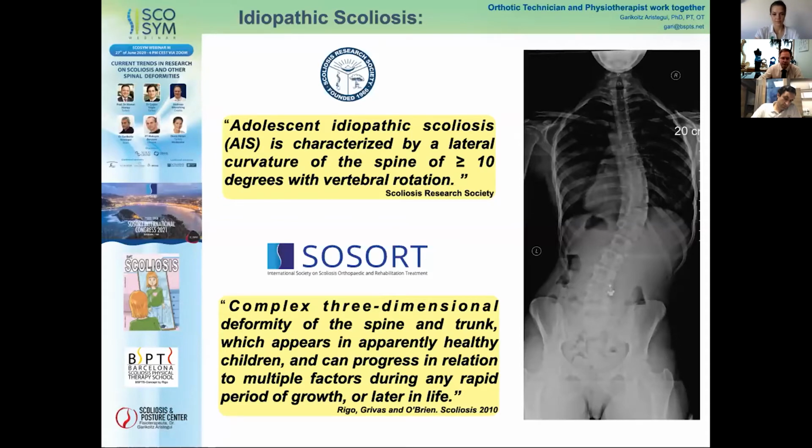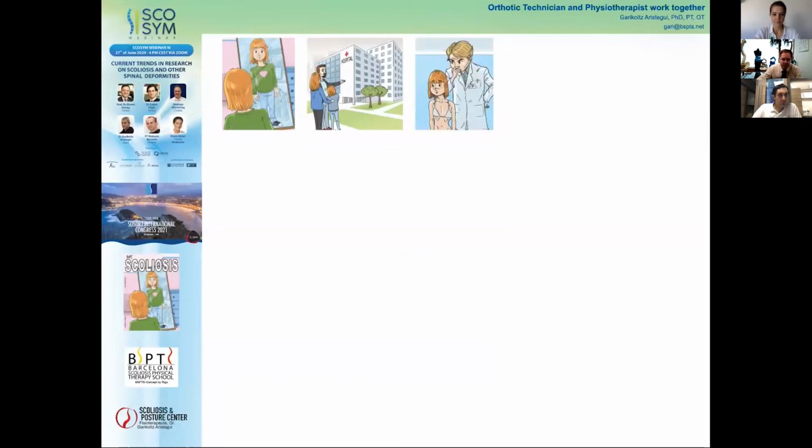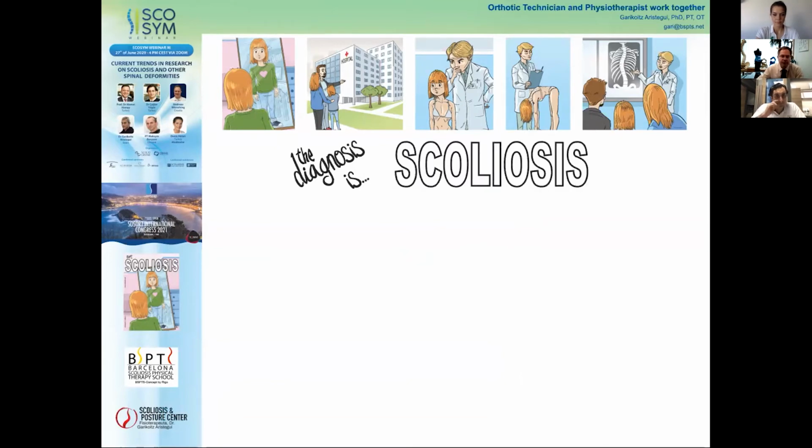If we think for one moment that, for example, this girl has a scoliosis or some deformities, they go with the parents to the hospital, do the assessment, and Adam's test is positive. After the X-ray, the doctor is going to say that the diagnosis is scoliosis. What happens now?